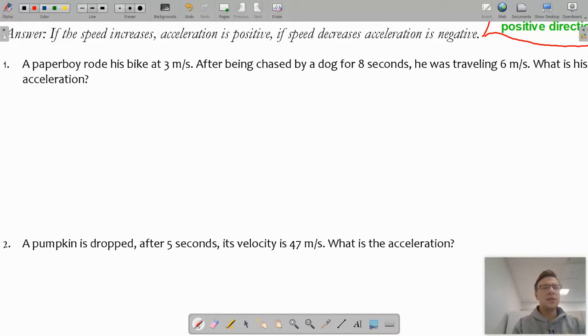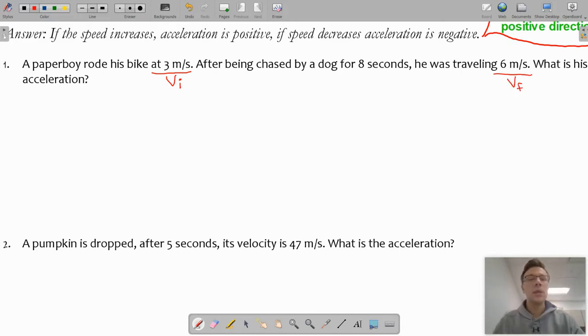So it says that he's riding his bike at 3 meters per second, but then it also says that later on, after he was being chased by the dog, he was traveling 6 meters per second. We have to identify which one is the initial velocity and which one is the final velocity. If it words it such that he is riding his bike at 3 meters per second, and then after 8 seconds it gives you a new velocity, the first one is our initial velocity and the next one is our final velocity.